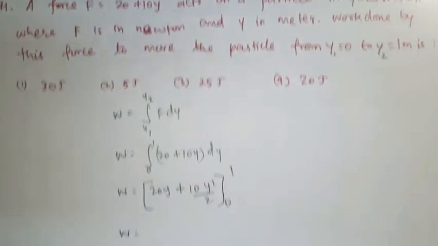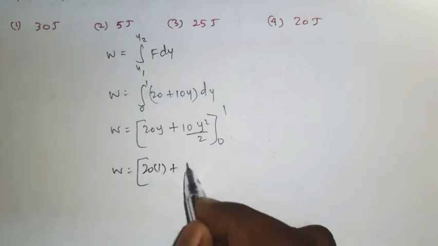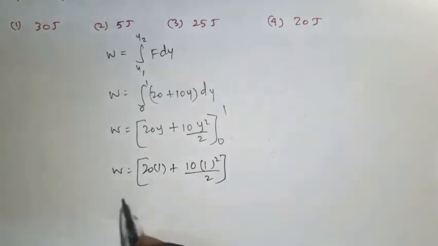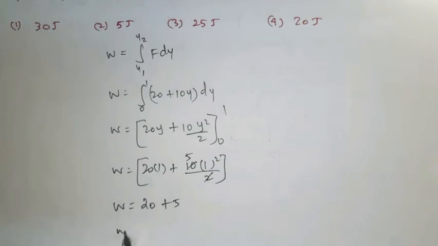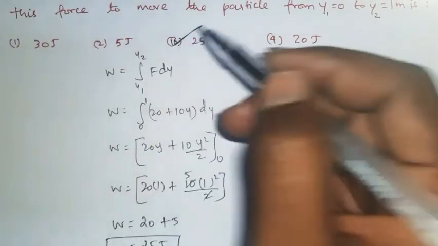W = 20 times the upper limit 1, plus 10 times 1 squared by 2. W = 20 + 5 + 5, so W = 25 joule. According to the options, the third one is the right answer, 25 joule.